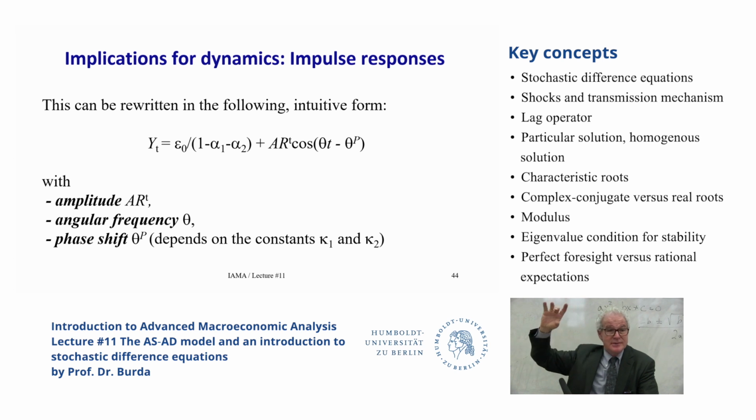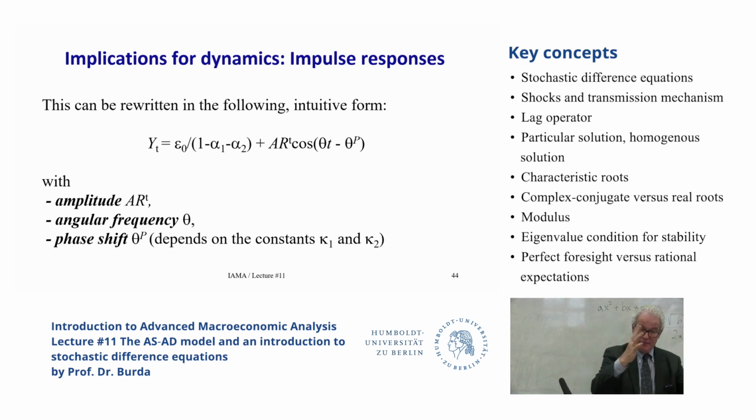So it's a damped oscillation in the case that we have complex conjugate roots. You can think of a phase shift, and you can think of a frequency. If you let the shock play through, how many times does it cross the origin in a period of time, in a year, 4 quarters? This is just some extra information in case you're interested.